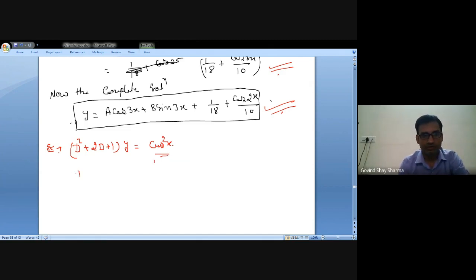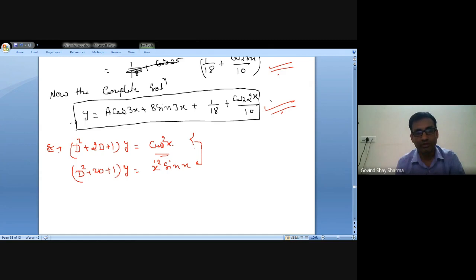Similarly, D square plus 2D plus 1 y equal to x square. These two questions you have to try. After today's lecture, I think you are capable of doing this type of question.